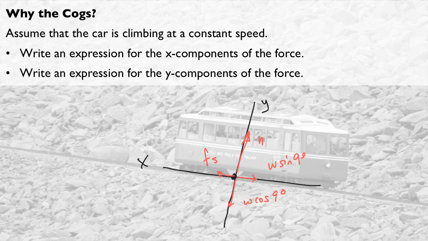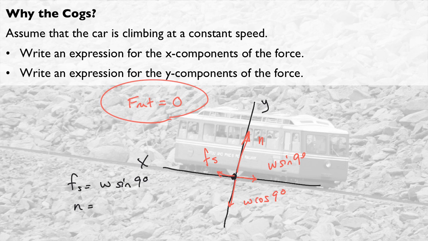And then we can write down an expression for the x components of the force. Well, remember, we know this is true. F net is equal to 0. We said that because it's climbing at a constant speed. There's no acceleration, no net force. So my expression for the components of the force are just this. Fs has got to be equal to W times the sine of 9 degrees.